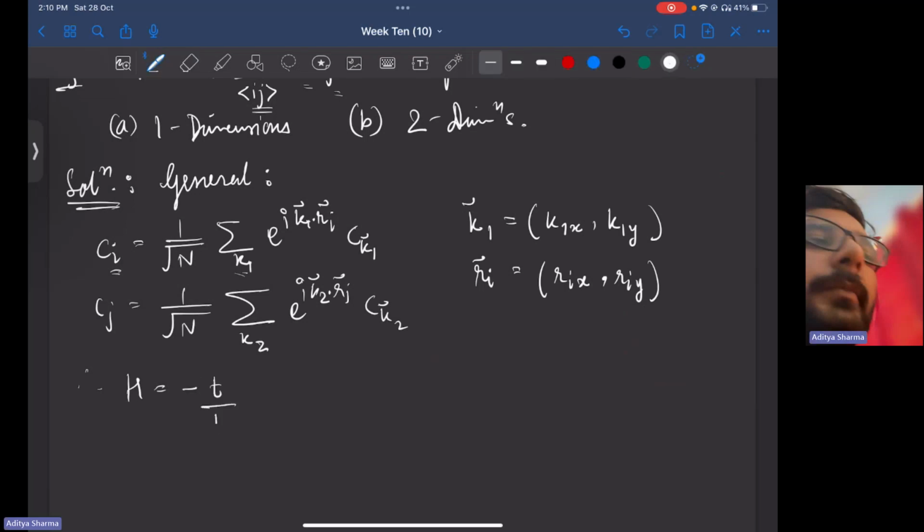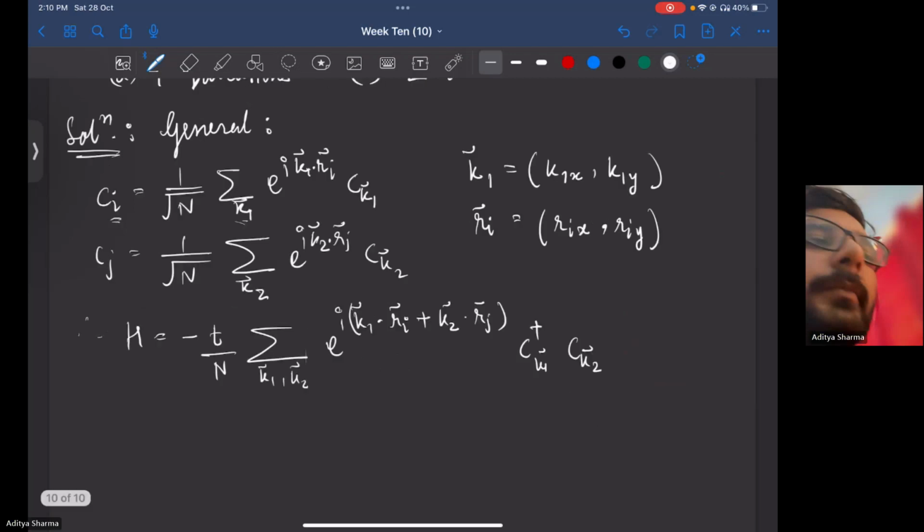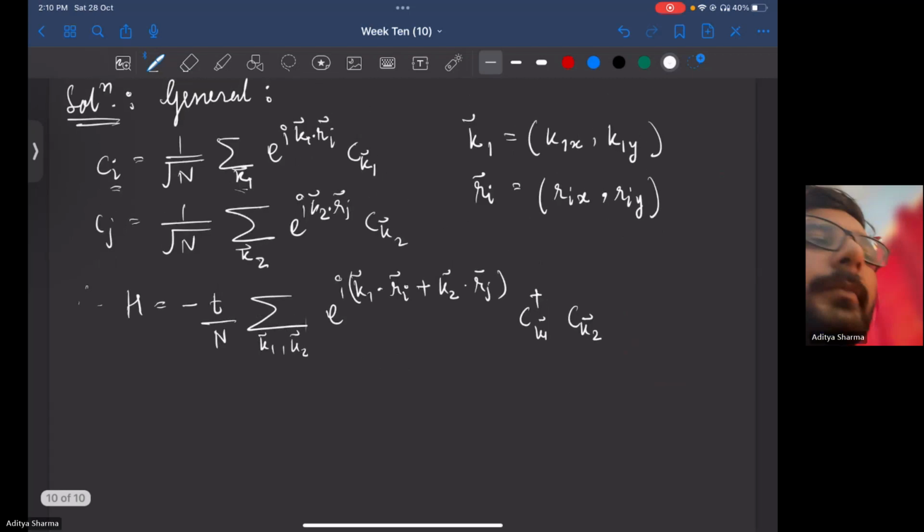minus t by n, sum over k1, k2, remember these are vectors, e power i (k1 ri plus k2 rj), C dagger k1 vector C k2 vector, and also there is an angle bracket.